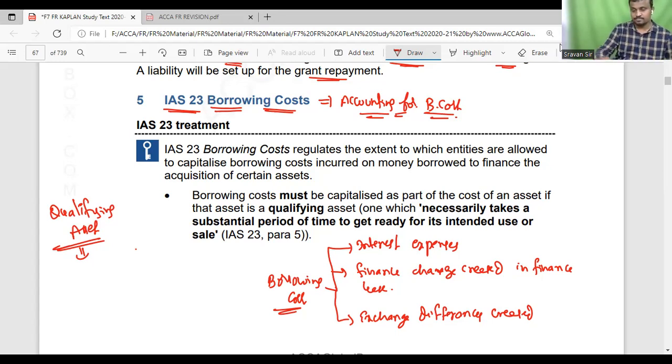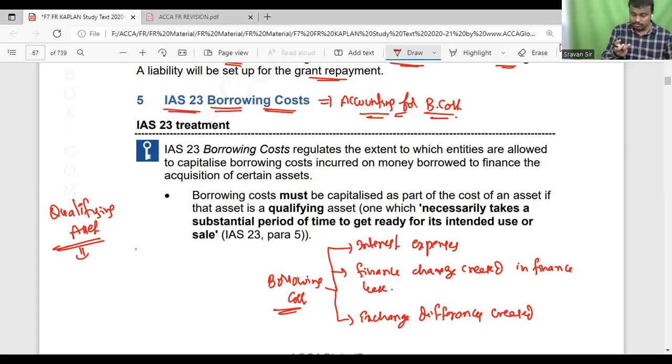For example, we purchase land and construct a building on that land. The building takes some period for completion of the construction to become useful, so that building is a qualifying asset.